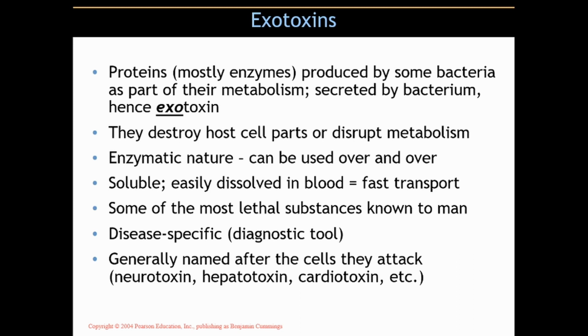In one sense that's good because you can follow the diagnosis and then prescribe the correct treatment and hopefully get the right care so that the patient can be helped and rehabilitated. They're generally named after the cells they attack. So, for example, the Clostridium tetani toxin is a neurotoxin that affects the nervous system, hepatotoxins affect the liver, cardiotoxins, and so on.